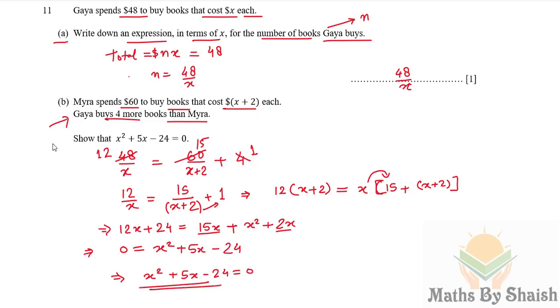We have to be careful, we don't start with what we need to show. We have to start with the conditions, and apply these two conditions to get this, then only have we shown that this information can be expressed in the form of a quadratic equation. I hope it is clear.